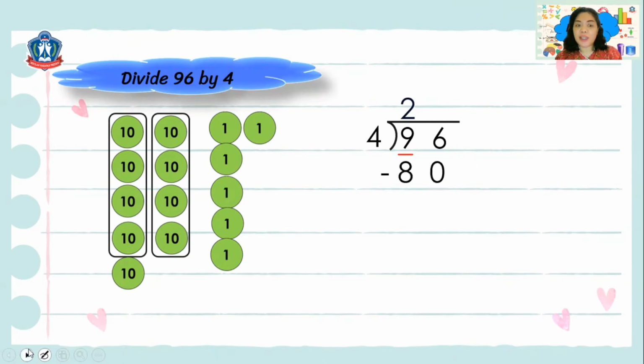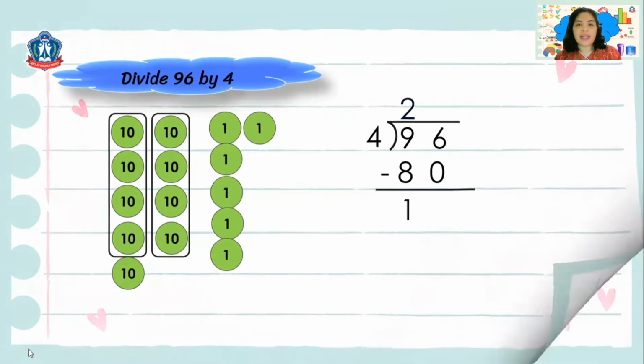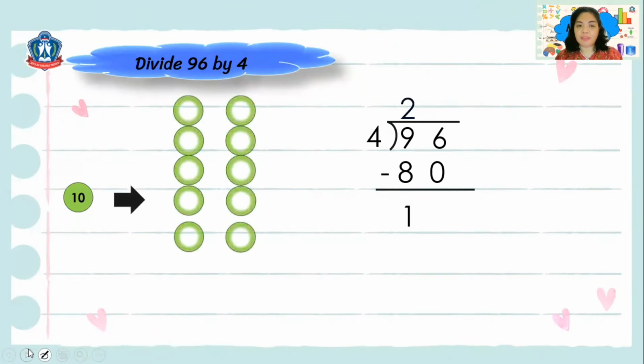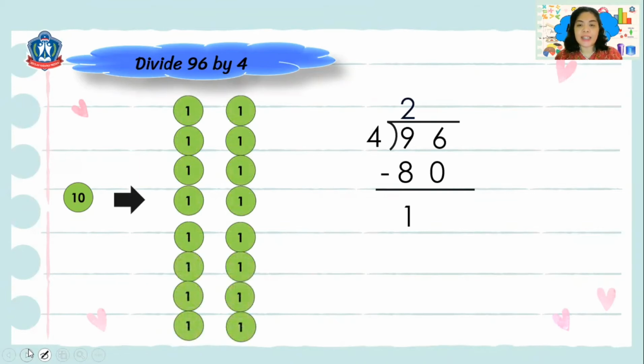After that, let's subtract. So how many tens left? Yes, we only have 1 ten, right? Okay. So we have 1 ten left. Let's rename the 1 ten into 10 ones. So we have 10 ones. And as you remember, we have 6 ones remaining. So we add 6. So we have 16. After that, let's divide it by 4.